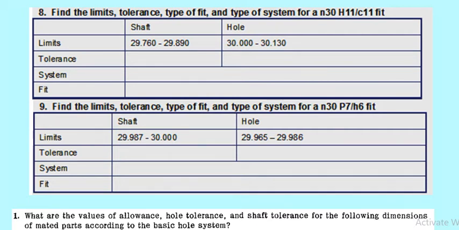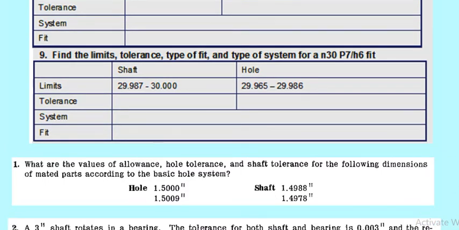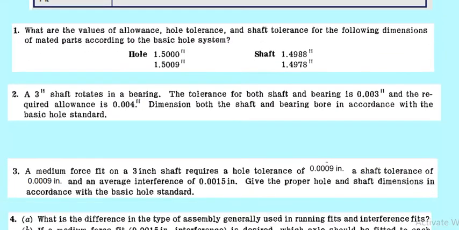Again here we are given the limits on the shafts and the hole, and I have to write down the tolerance. For tolerance I will simply subtract these two values, and then the system and the fit. And likewise here, tolerance, system and fit. So I think you can handle it. You have to fill these tables yourselves.